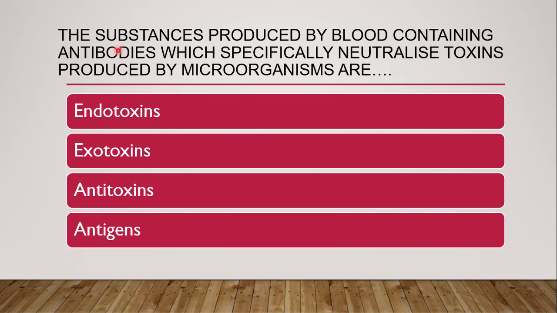Next question is, the substances produced by blood containing antibodies which specifically neutralize the toxins produced by the microorganisms are, the options being endotoxin, exotoxin, antitoxin or antigens. The correct answer is antitoxins, which neutralize the toxins produced by the microorganism.